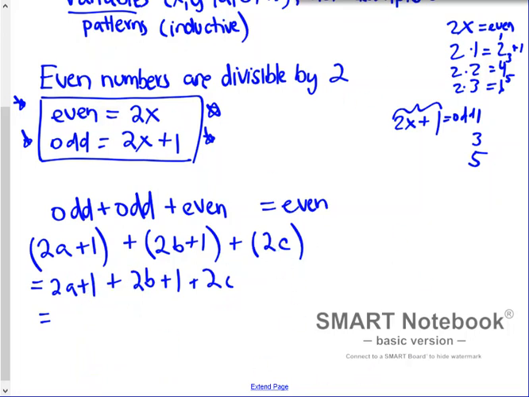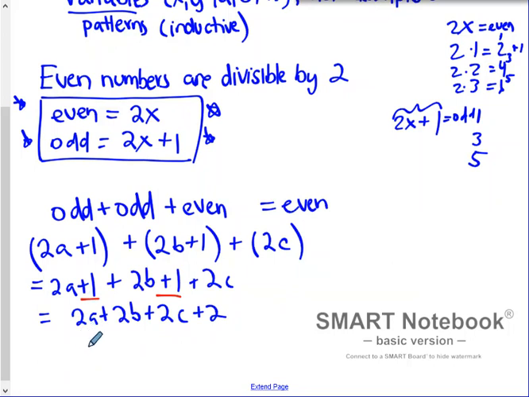So I have 2a plus 2b plus 2c, and then 1 plus 1 right there is 2. So I have 2a plus 2b plus 2c plus 2.